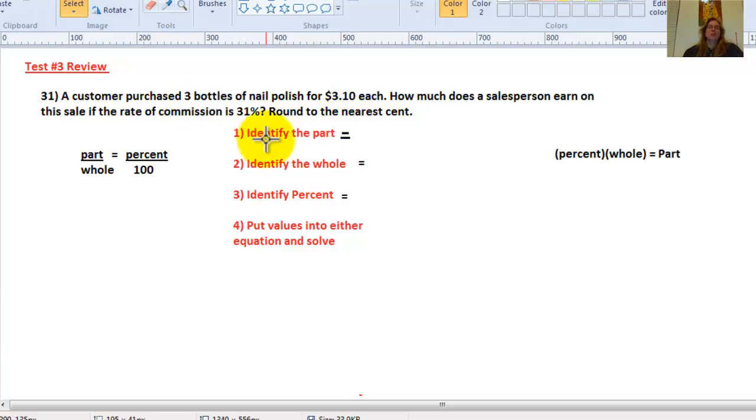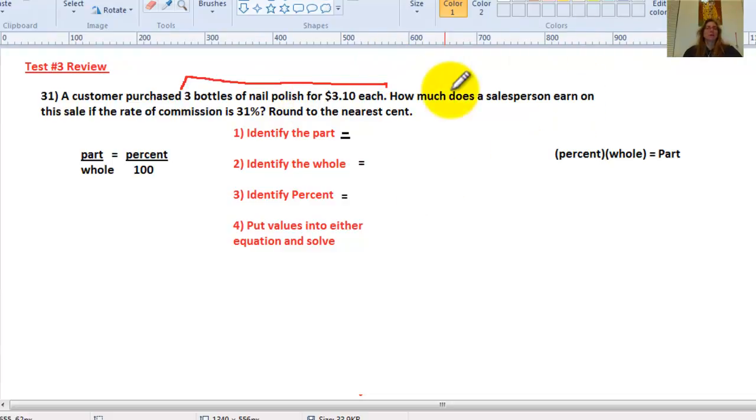So of course we have to identify the parts of our problem, and we can use either equation to solve the problem, but we need to know which is part, whole, and percent. We are given what was purchased, which is 3 bottles of nail polish for $3.10 each.